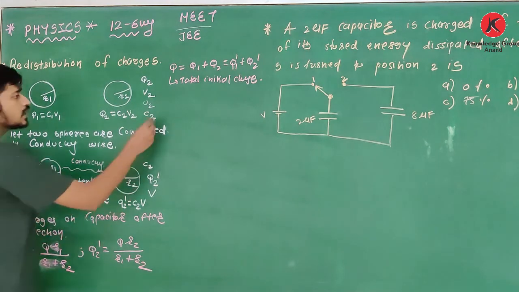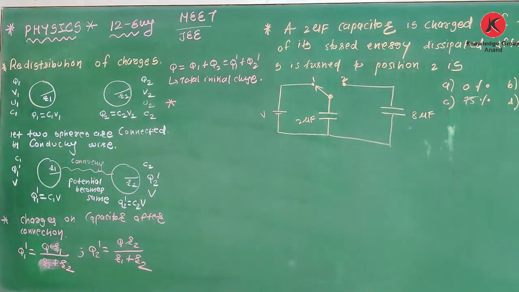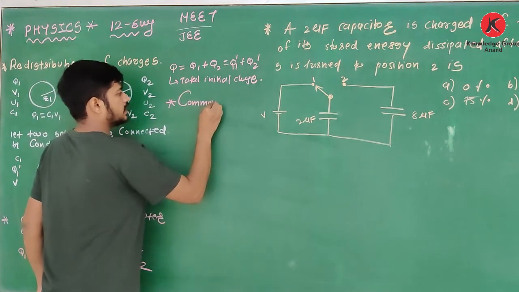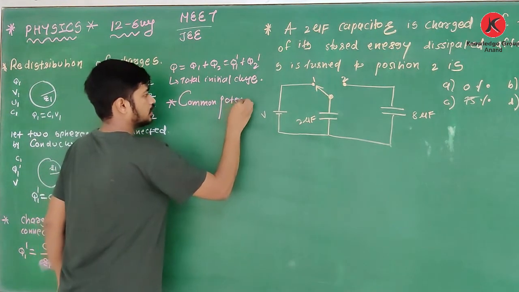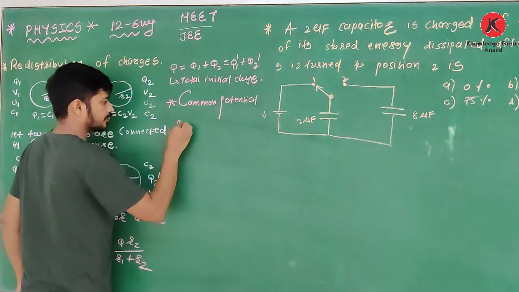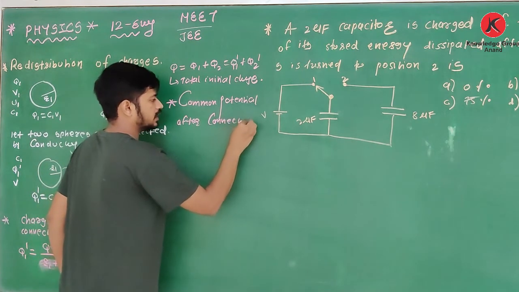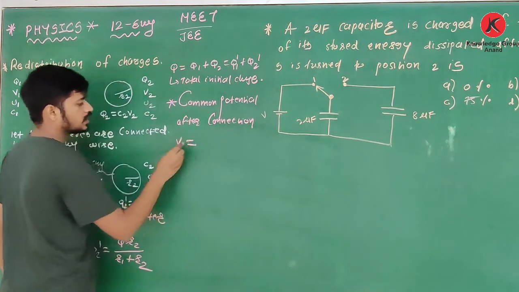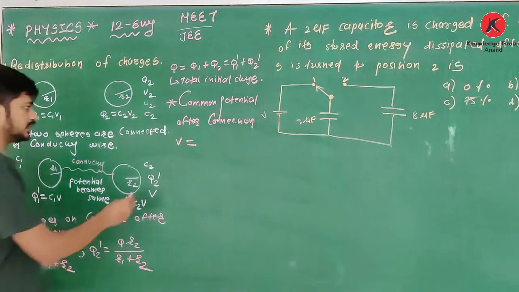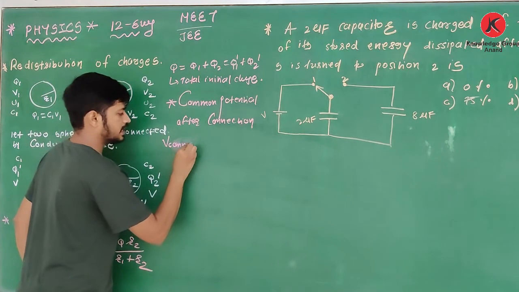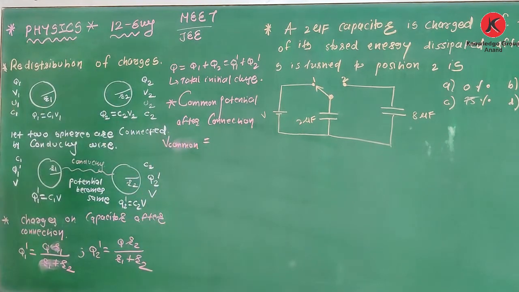Next, after connection their potential becomes the same. So what is the common potential after connection? I will write the common potential as V common. As they are connected, common potential is total charge upon total capacitance.